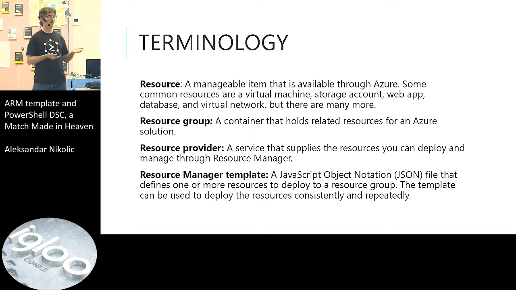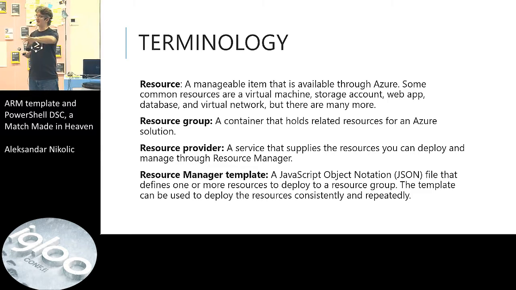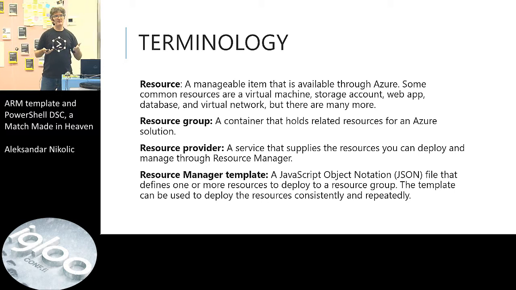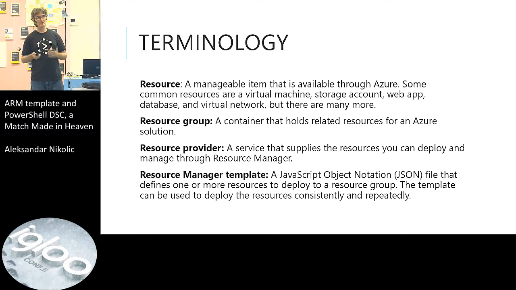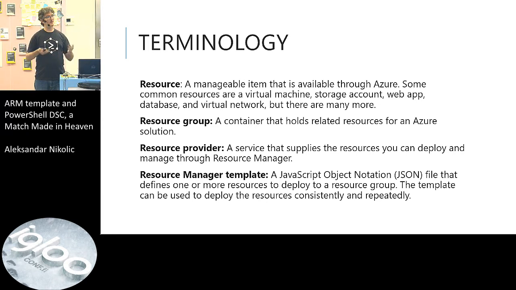So you might share that virtual network with some other solutions, right? So it does make sense to put them in a separate resource group. Or if you have a database that you will share among different solutions, then it makes sense to put that database separately, right? Very often today people still put them all together, especially for examples, for those sample templates that we can find on the internet.